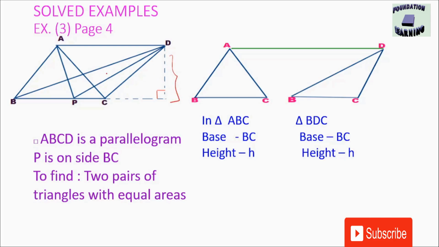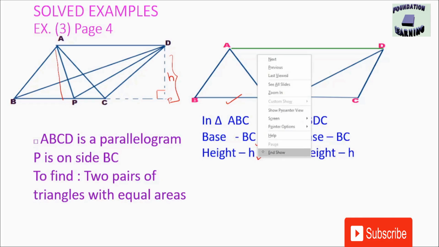In triangle ABC, the base is BC, and the height is h. Whether we draw it here or here, it's going to be the same. In the case of an acute angle you can draw the height here, but since the heights of all the triangles are the same, we will take a common height, h. So the base of triangle ABC is BC and the height is h.